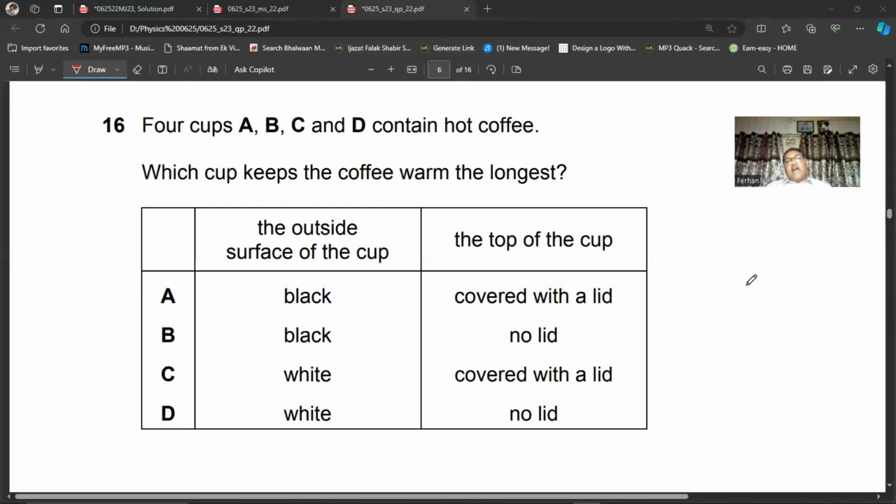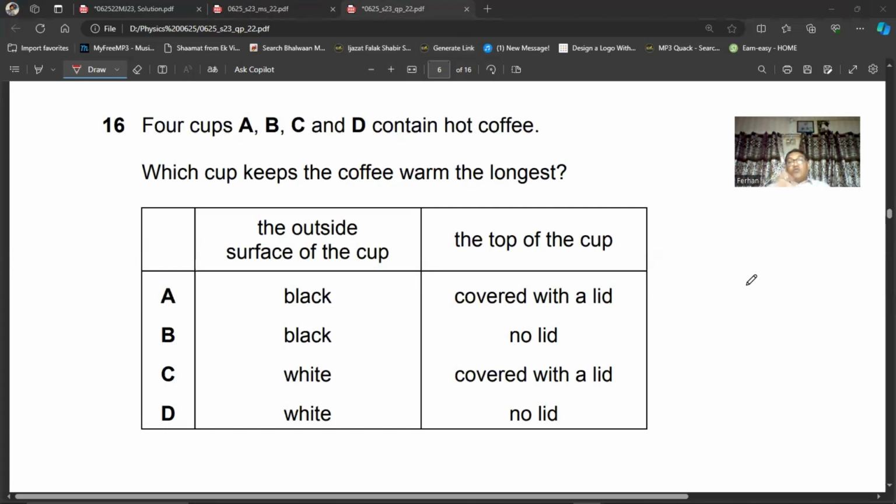To reduce the heat loss, the outside of the cup must be white, and the top of the cup, to stop heat loss by evaporation, if you cover it with a lid, then it will lose a small amount of heat.